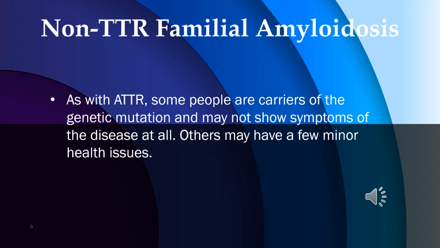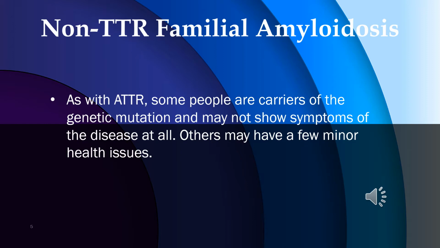All right, now as we talked about before, because this goes down the line genetically through the family, there are those that will simply be carriers of the gene mutation, but they will not have any symptoms of any form of this type of amyloidosis at all. And then there will be others that are just going to have a few minor health issues, but nothing really major.